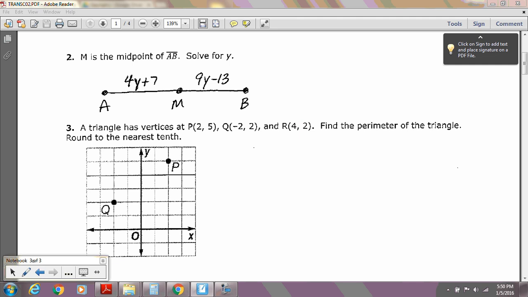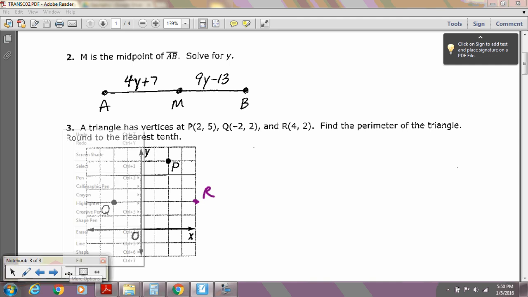Number 3, triangle PQR has its vertices at P, 2, 5, which is already graphed properly on the grid. Q, negative 2, 2, which is also graphed properly. And R, which is 4, 2. So I need to put that on the graph.